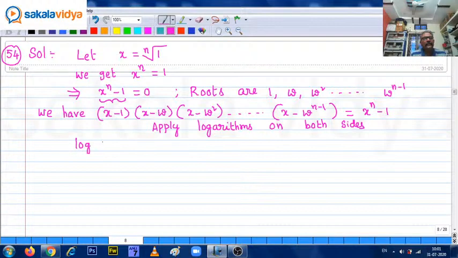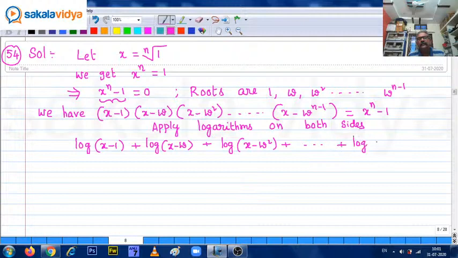We get log of x minus 1 to the base e, plus log of x minus omega plus log of x minus omega square plus so on, plus log of x minus omega to the power of n minus 1, equal to log of x to the power of n minus 1. You may have a doubt why we should write like this. Because we have 1 upon, and 1 upon is nothing but the derivative of the logarithm. That's why I applied the logarithm.